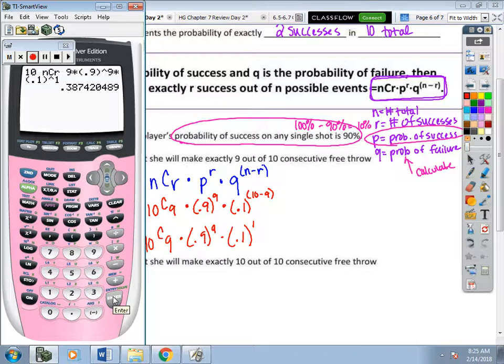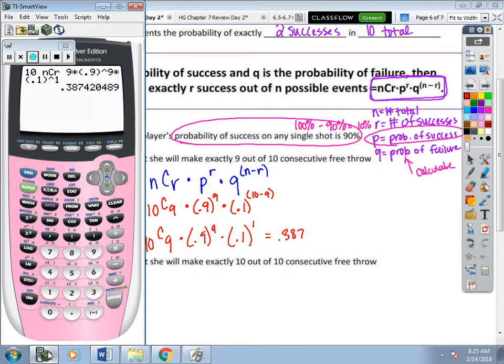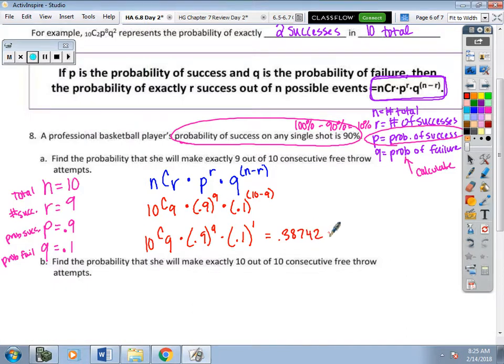And we should get this. Now, we have to then convert this back to a probability. So to convert it back to a percent, we just move that decimal 2 spaces, or you can multiply by 100, and we'll get approximately 38.7%.